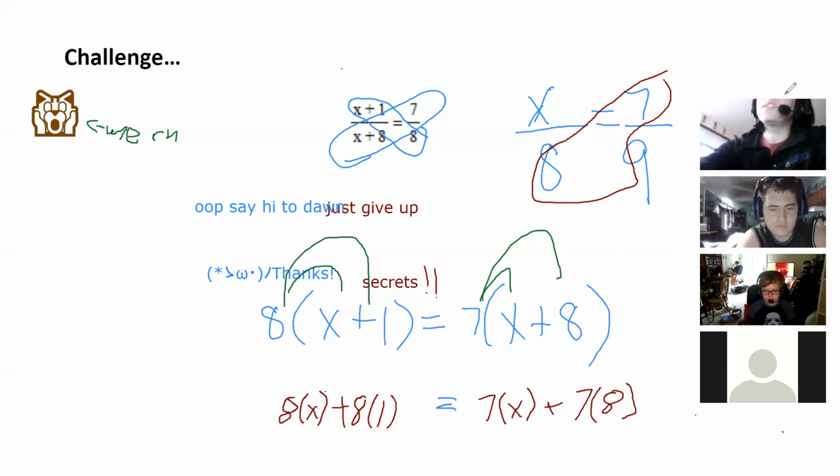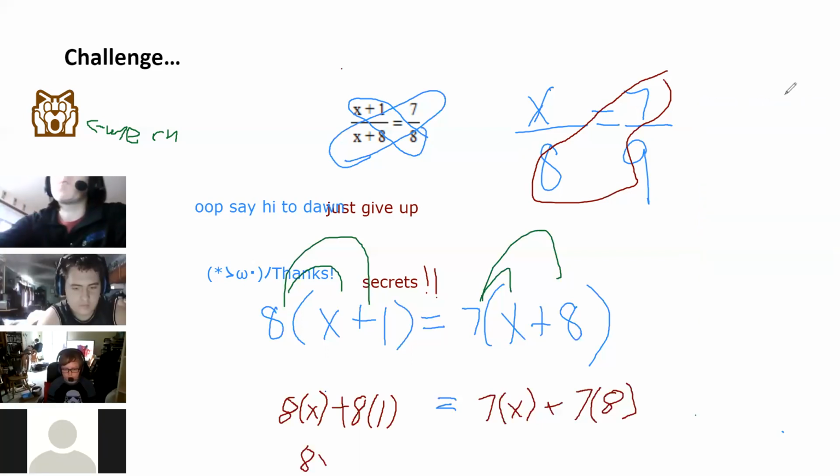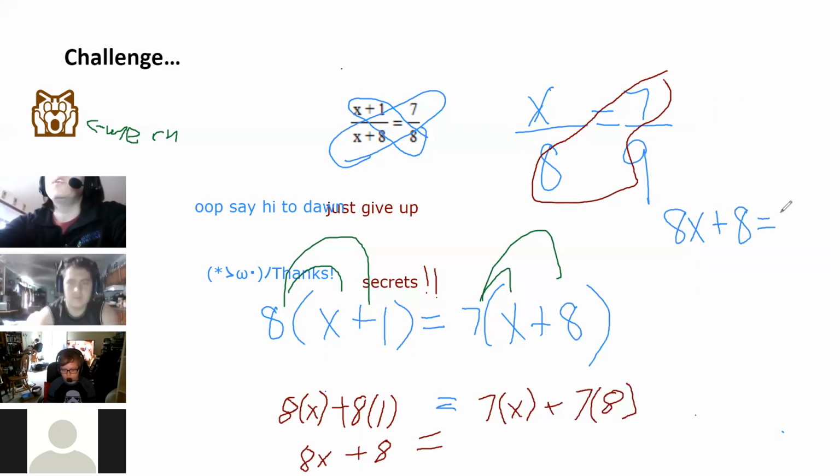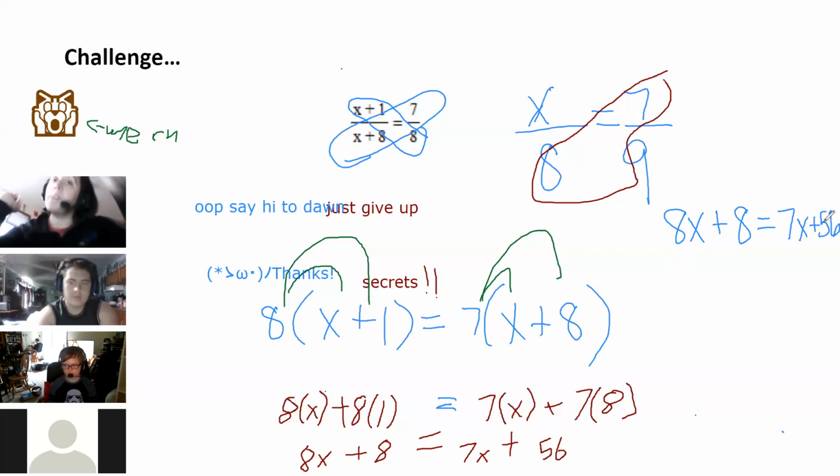I'm going to do it on the side over here just so that there's more room to write. Person down there, keep writing. You're doing good. So we would have 8x plus 8 equals 7x plus 56. Good.